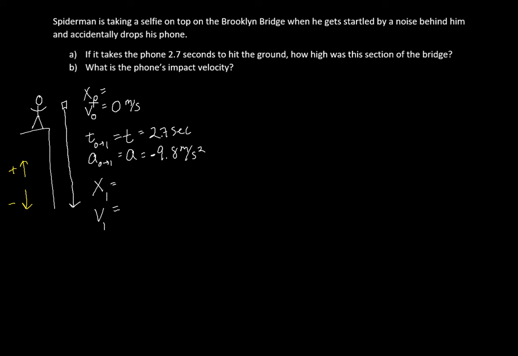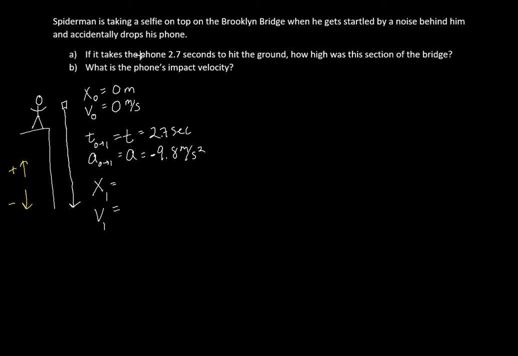Depending on what you're thinking, you might either set the initial position to be 0 or you might set the final position to be 0. Based off of what I've seen in class, the majority of people are more comfortable setting the initial position as 0. So we'll see what that ends up doing. But if you're really thinking about it, some of you might want to set your final position to be 0. And I'll tell you guys why in just a moment. After we get this answer, we'll analyze it a little bit.